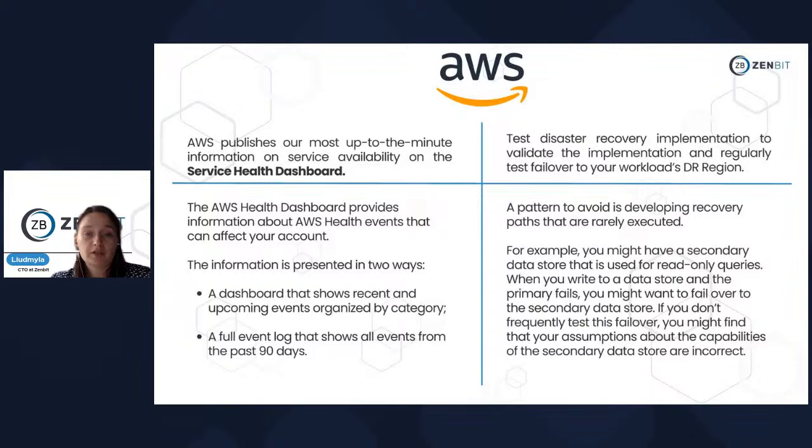When you write to a data store and the primary fails, you might want to fail over to the secondary data store. If you don't frequently test this failover, you might find that your assumptions about the capabilities of the secondary data store are incorrect. The capacity of the secondary, which might have been sufficient when you last tested, might no longer be able to tolerate the load under this scenario, or service quotas in the secondary region might not be sufficient.